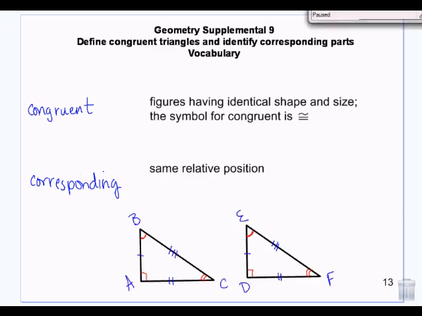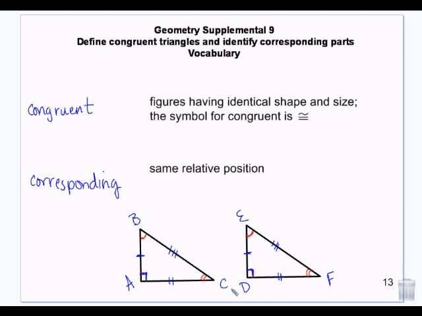All right, we have two congruent triangles. The sides are all the same length and the angles are the same. These tick marks indicate side length, and then with angles you get like little curves. So one curve, two curves, three curves. And then obviously the square indicates a right triangle.